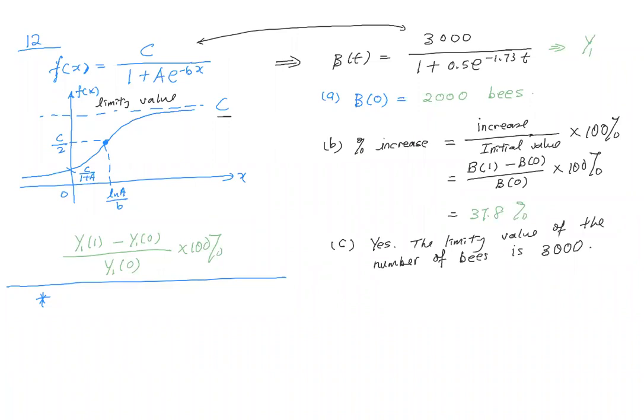Yes, Gladys? Say the question. Show that the limiting value is 3,000. Yes. Show that the limiting value of the population size is 3,000.